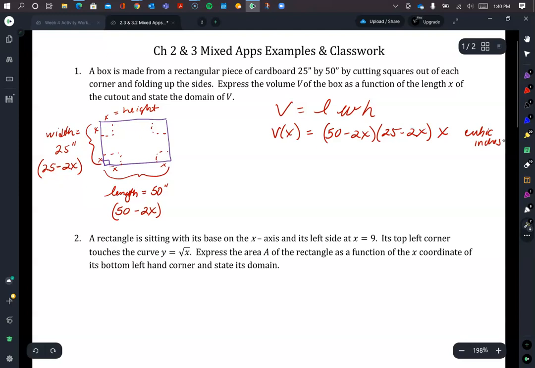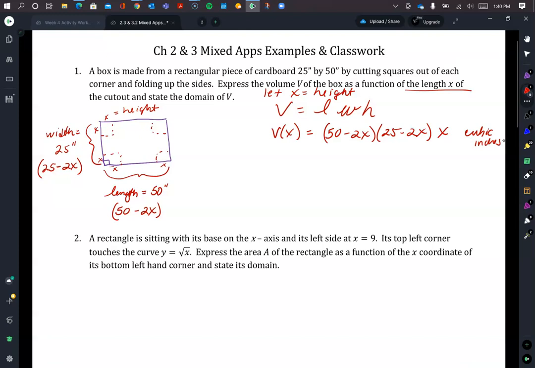And I took those here, so I have the length times the width times the height, which I am calling x. So you would want to declare your variable to be length, x would be the height. Okay, so then that's how it fits in with the volume, and it's in cubic inches.